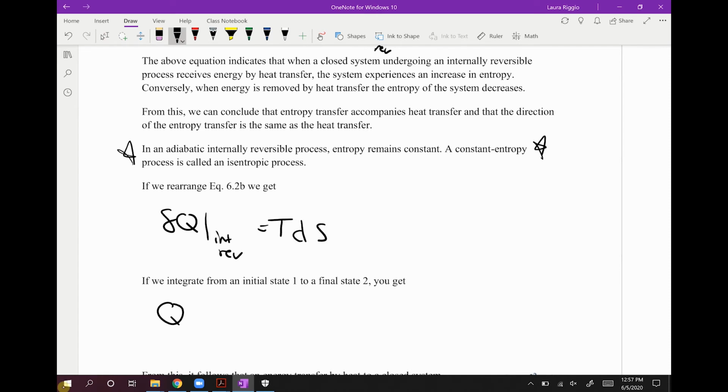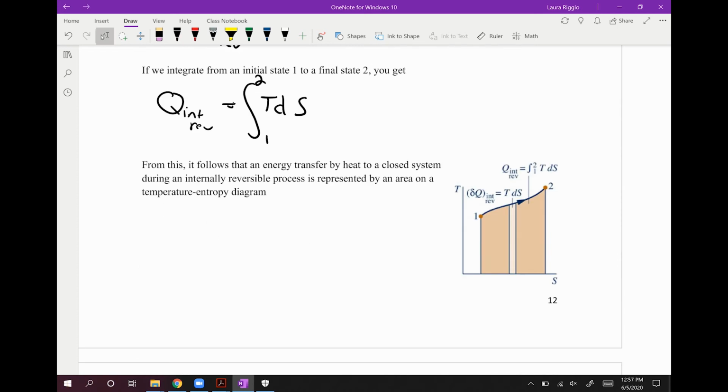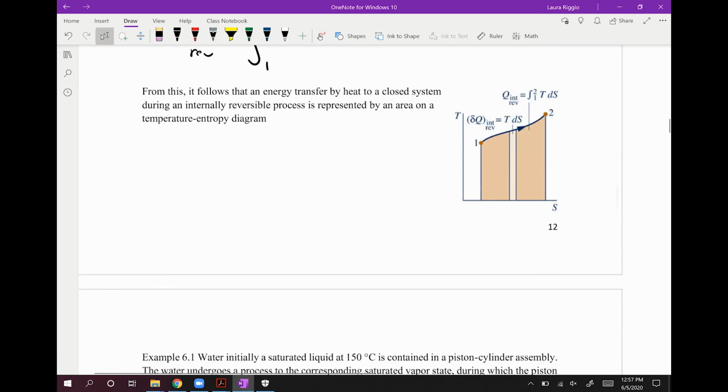And if we integrate, we get that our heat transfer for our internally reversible process is equal to the integral from 1 to 2 of T dS. It follows that the energy transfer by heat to a closed system during an internally reversible process is represented by the area on our T-S diagrams.